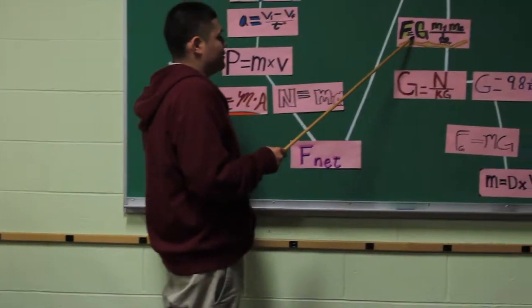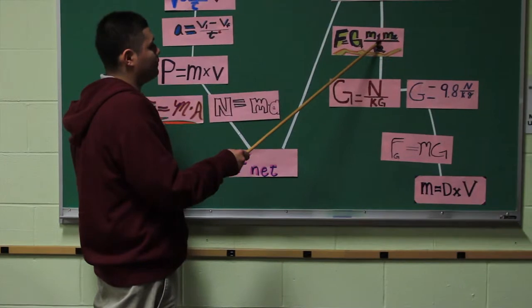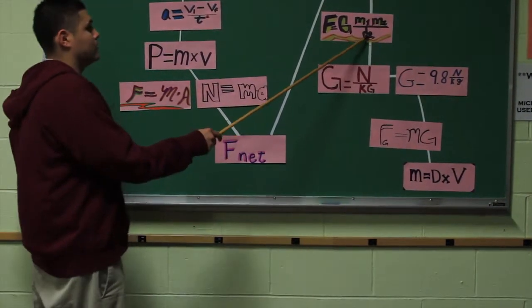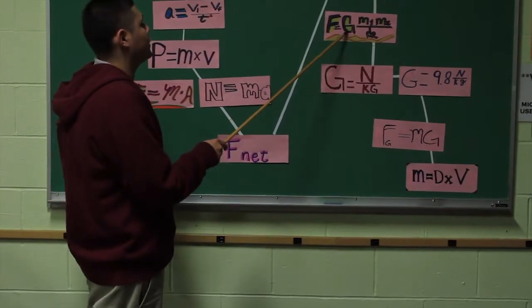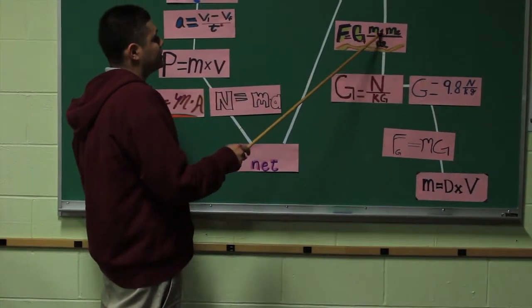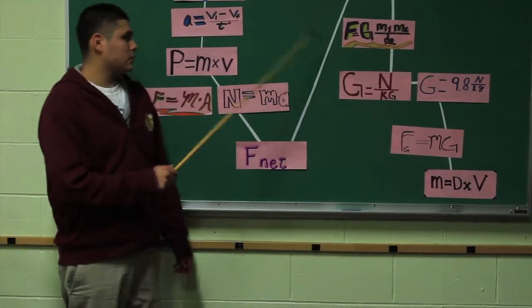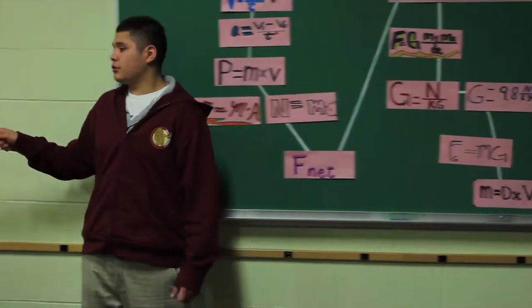F equals G m1 m2 over d squared. Force equals gravity times masses over distance squared. The force is giving it to the ball going towards down.